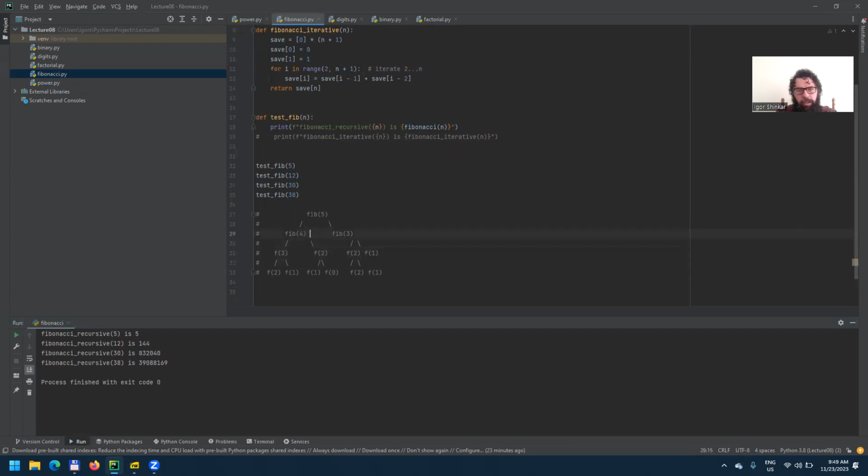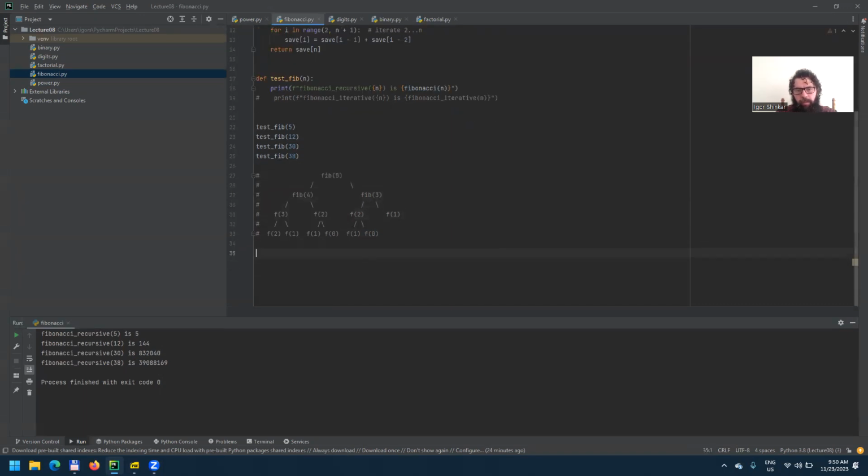I'll make some more space so that we can see everything. And f of 2, that's again 0 and 1. And for f of 1, we will basically stop here.